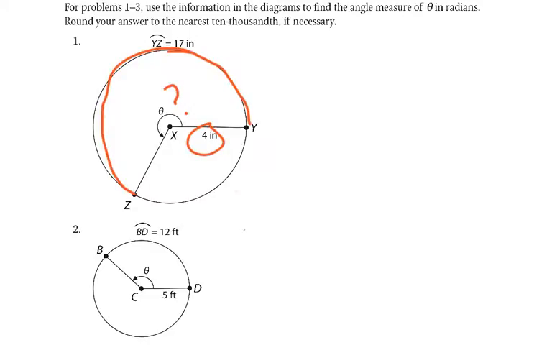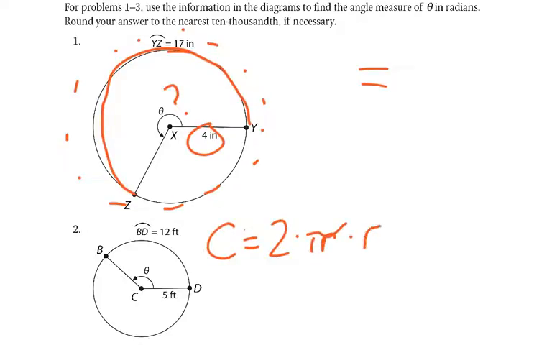What we're going to end up setting up is a proportion. Do we know the circumference of this whole circle? Well, remember, circumference is 2 times pi times the radius. Our radius is 4, so it would be 8 pi. So the total distance around here in this situation is 8 pi.